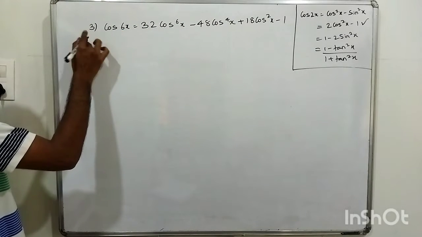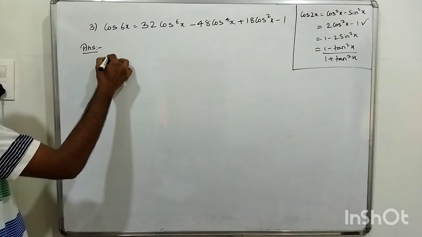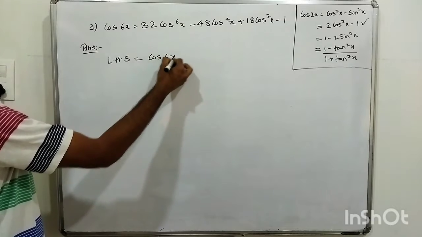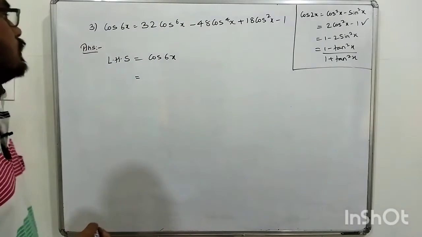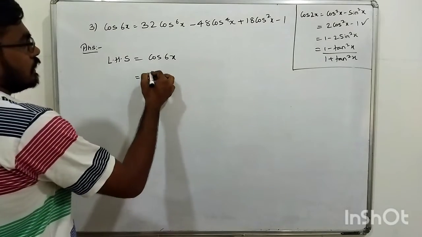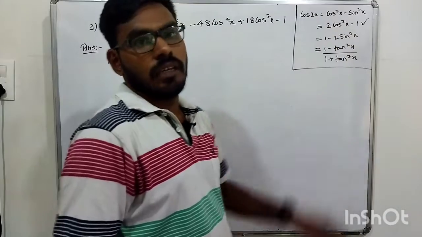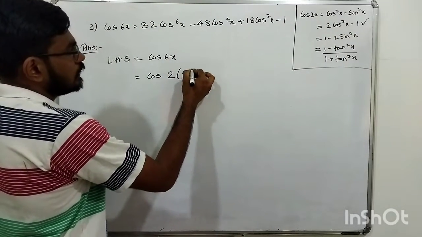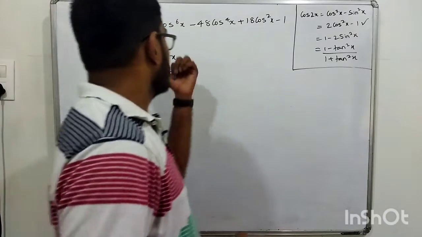So LHS is equal to cos 6x. Now cos 6x we can write as cos of, okay, we'll use this formula. For that I'll write like this: 2 of 3x, correct? Now we can use that formula, no? 2 into 3 is 6, so 2 of 3x.